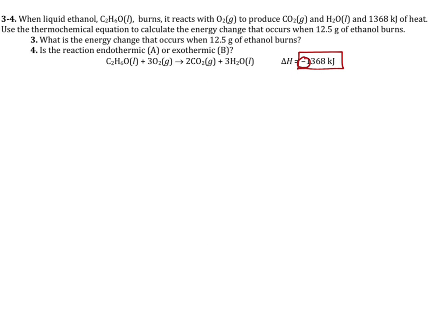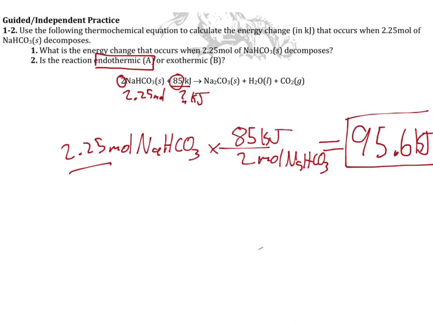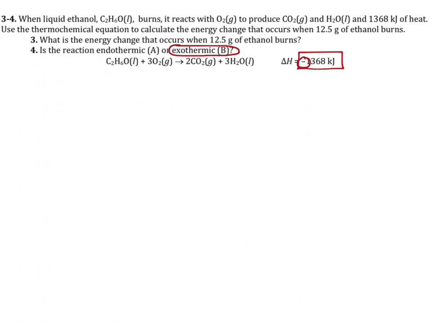And so because it's releasing energy, it is going to be exothermic. So because it's negative, it's exothermic. Just to recap on this one here, we knew that it was endothermic because the kilojoules were on the reactant side. If they were on the product side, it would have been exothermic. In this situation, because the delta H is negative, that means that it is exothermic.